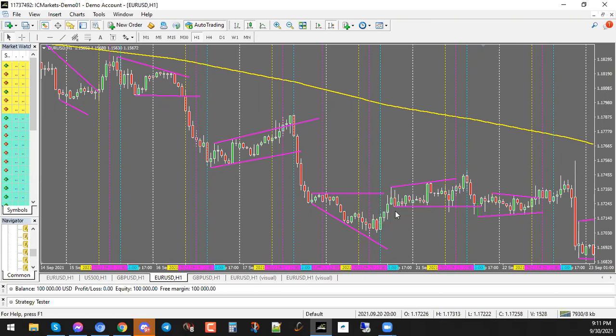Okay, so this is the only thing that makes an ending pattern and a leading pattern different. An ending pattern breaks in the opposite direction of the trend, while a leading pattern breaks in the direction of the trend. Okay, so this would be considered an ending formation because it broke in the opposite direction of the trend. The trend is coming down and this one broke to the upside. So this is an ending formation.